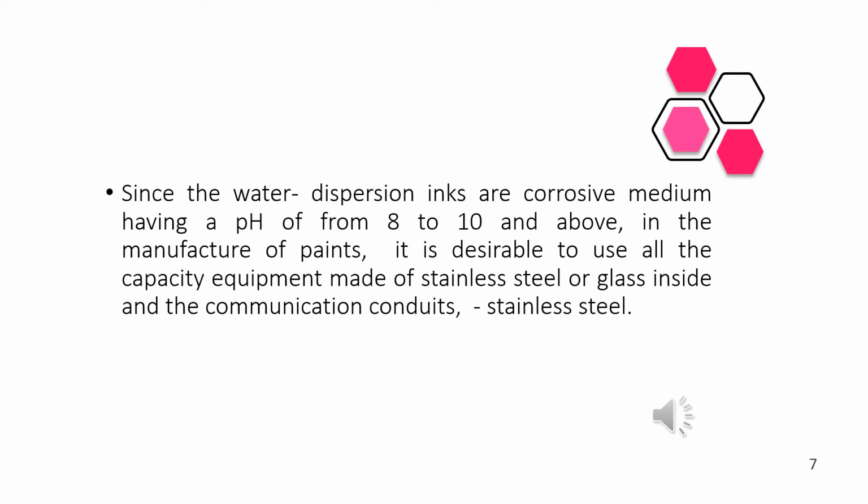So, there are some water dispersion inks which are used for the manufacturing or the production of paints. These water dispersion inks are corrosive, and there is a possibility that it can gradually change.